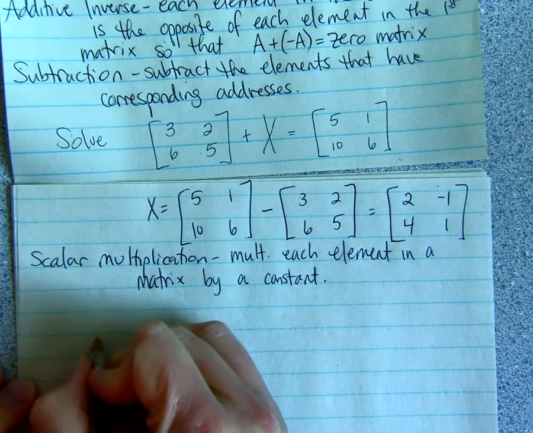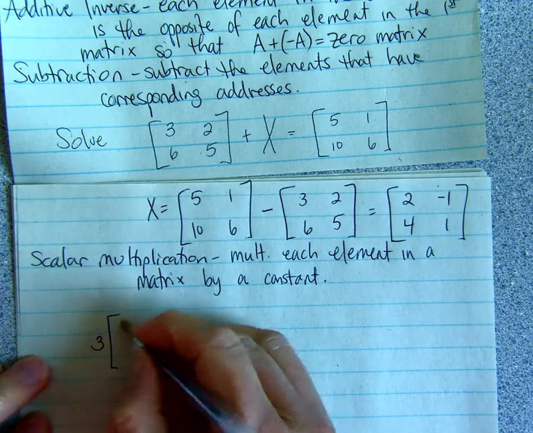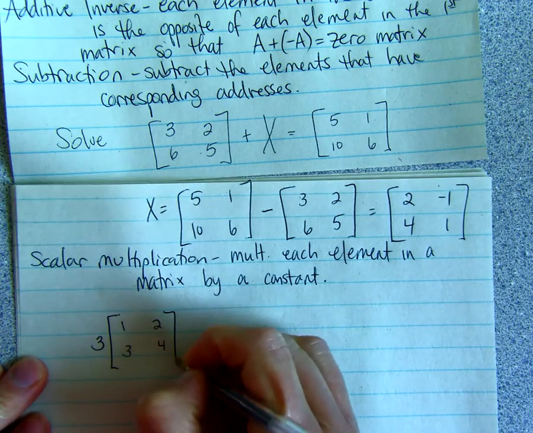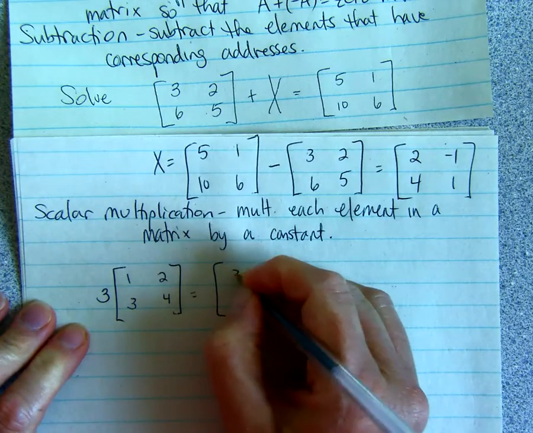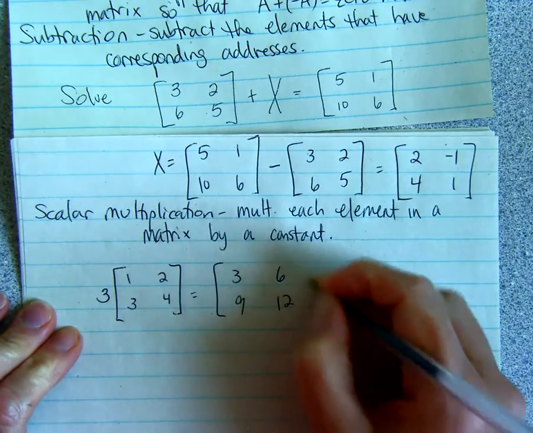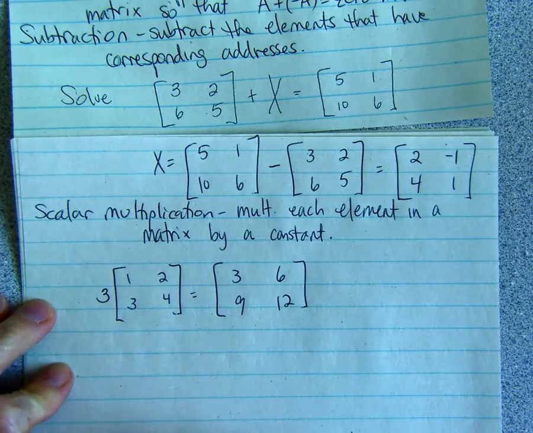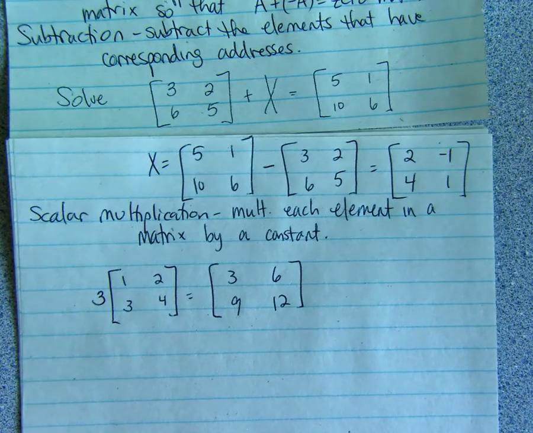So for example, if I had 3 times this matrix, I would just multiply 3 times each of those numbers and I get 3, 9, 6, 12. And that's just called scalar multiplication. That's the end of lesson 5.